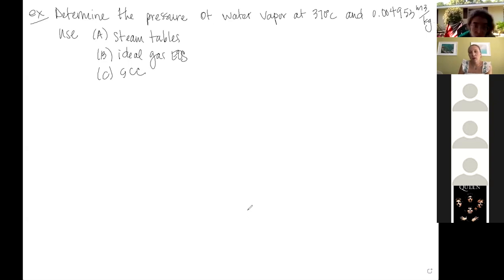So right away, we know that we're going to be working with water vapor because we're told this, and we're also told to use an ideal gas. So we're either working with a saturated vapor or a superheated vapor.